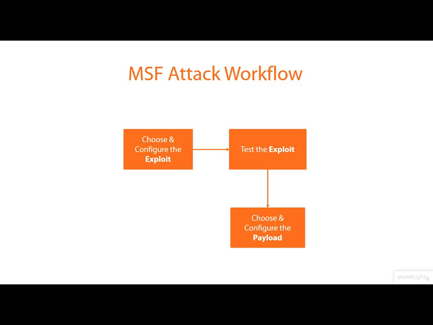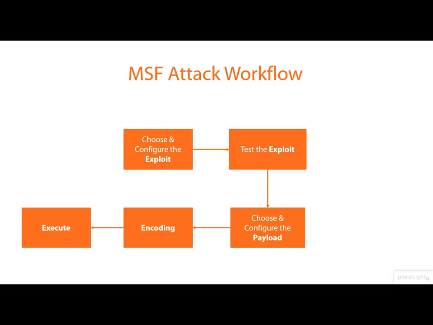After this step, you can also choose an encoding technique to bypass detection controls, like an intrusion detection system or antivirus software. Finally, we execute the exploit. Let's see everything we discussed here in a practical example.